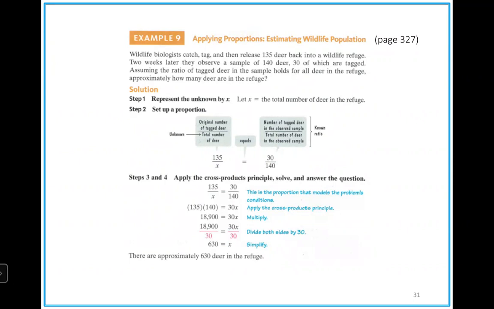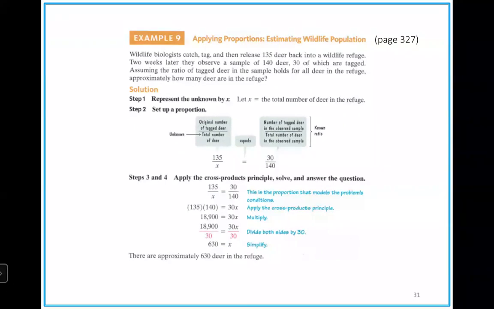And then later on, they go back and observe samples of these animals. They look to see how many of the ones they observe are tagged, and based on the ratio they observe compared to what they tagged, they can make an estimate of the population.